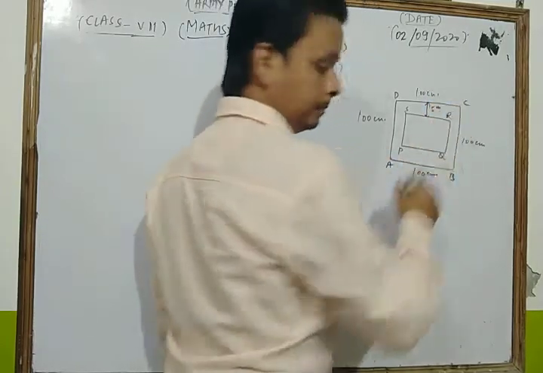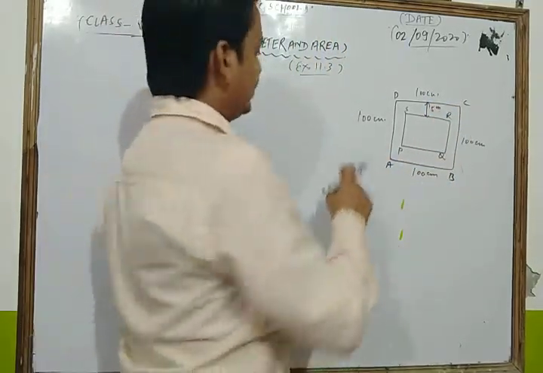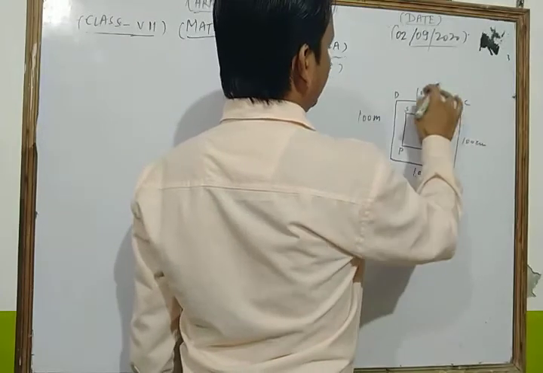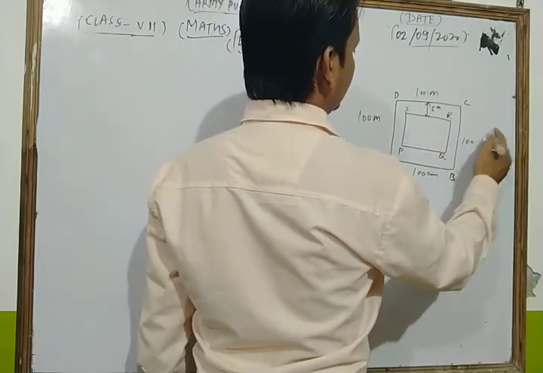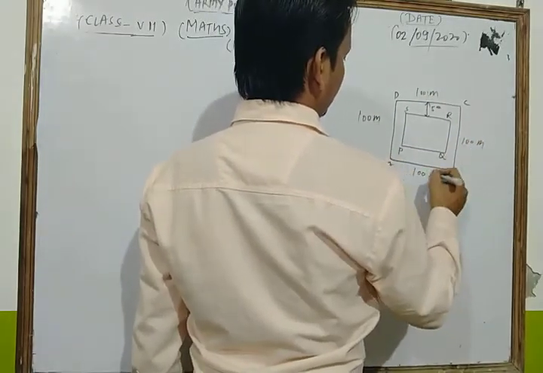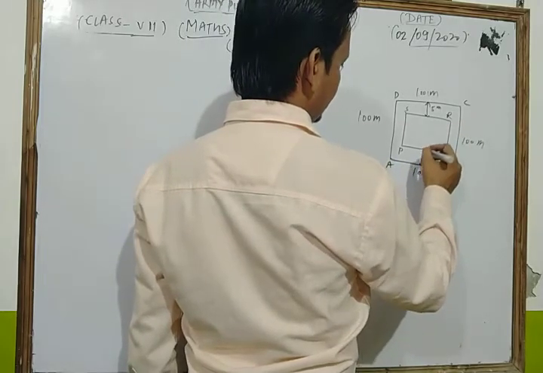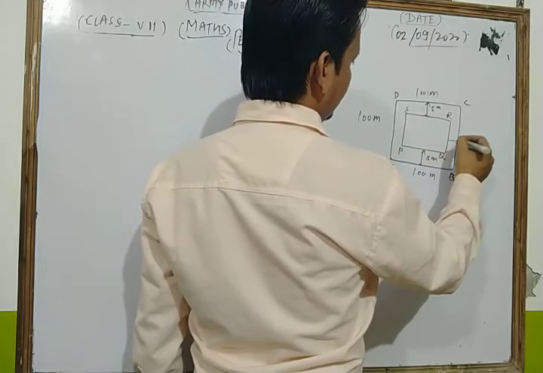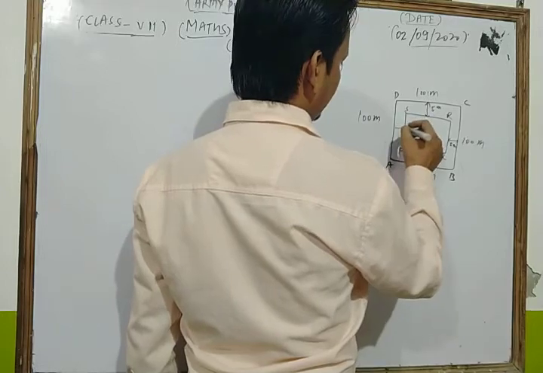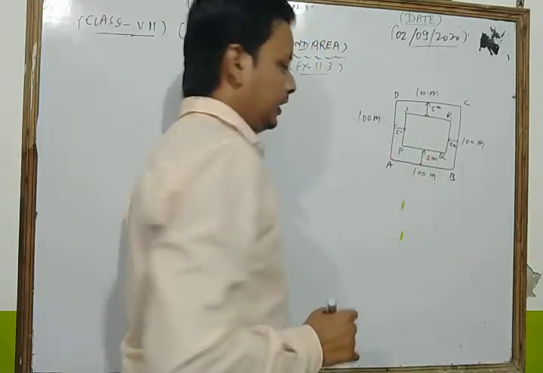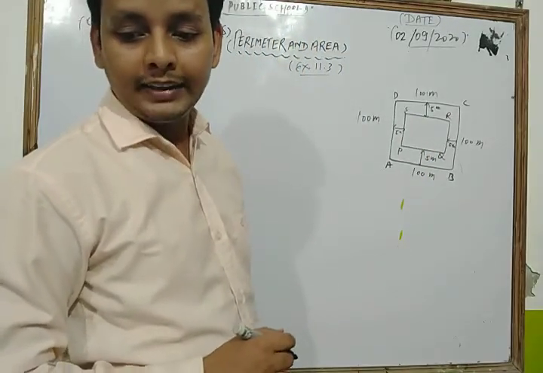This is 5 meter, this is 100 meter, this is also equal to 5 meter, this is 5 meter, and this is also 5 meter. Okay, now find the area of the path.